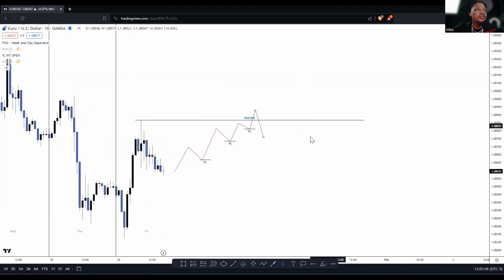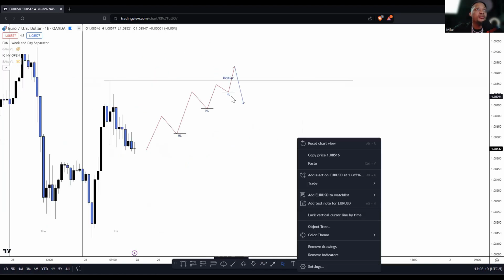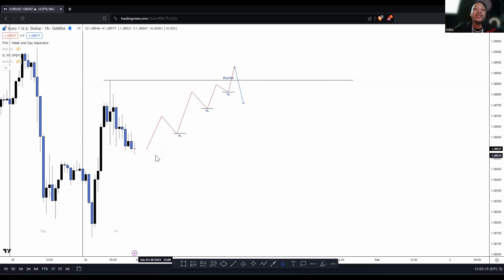So when the market comes here and there's a higher low, and then it's breached here, what do we expect to happen next? Just like I told you earlier, it applies in both directions, whether bearish or bullish. If a higher low is broken, higher lows are supporting price. We expect higher lows and higher highs to be made in a bullish market, and lower highs and lower lows to be made in a bearish market.